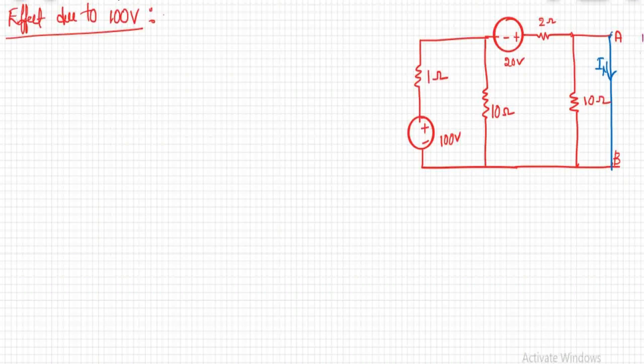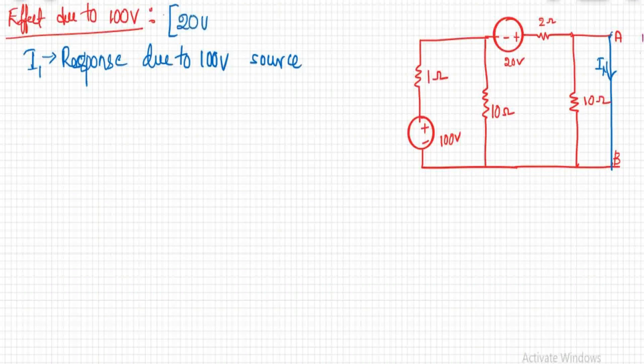Let us take I1 as the response due to the 100 volt source. If we are doing it due to the 100 volt source, the 20 volt source will be replaced with a short circuit because it is a voltage source. These are the things we need to define before applying the theorem.